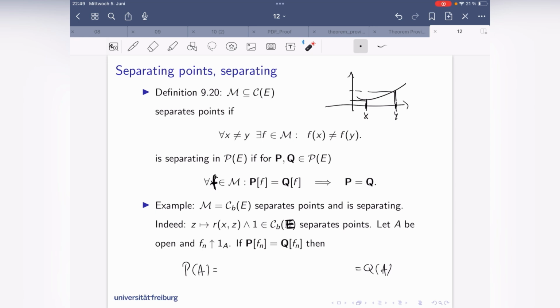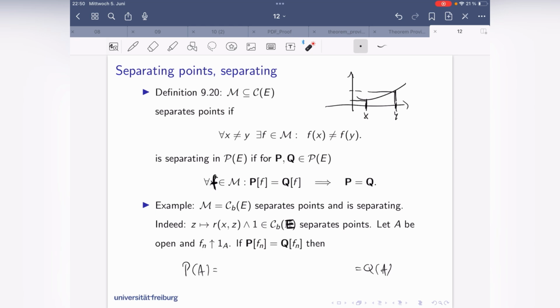And as you might remember, the values of a measure on a pi system determine this measure uniquely. And if you have some open set, we can take some f_n which increases to the indicator of the open set. For example, then the f_n's are bounded and continuous.